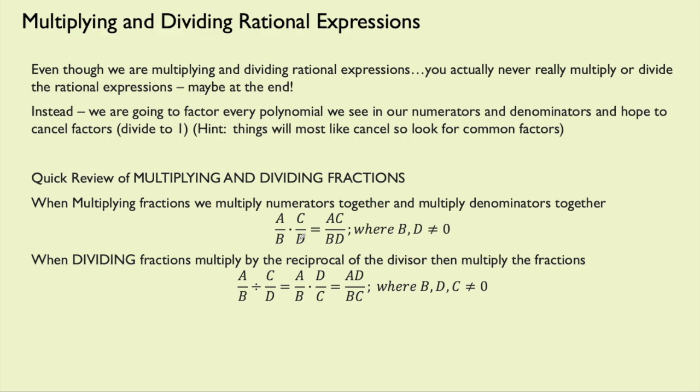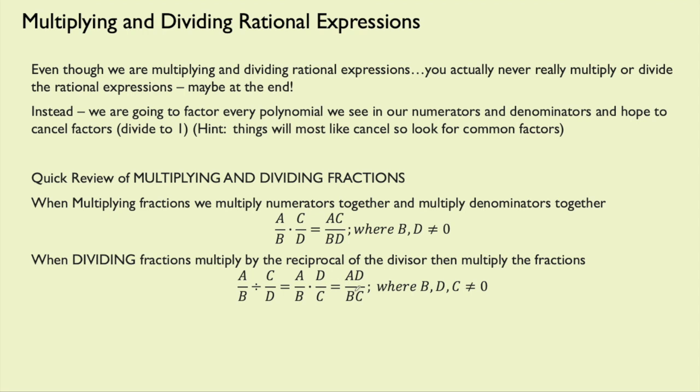When dividing fractions, we multiply by the reciprocal of the divisor, that's the thing on the bottom or that follows the division symbol, and then we multiply our fractions. So if we have A over B divided by C over D, that's going to equal A over B times D over C. So this is that multiplying by the reciprocal.